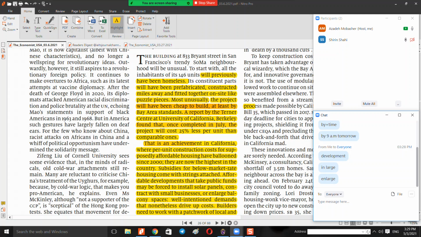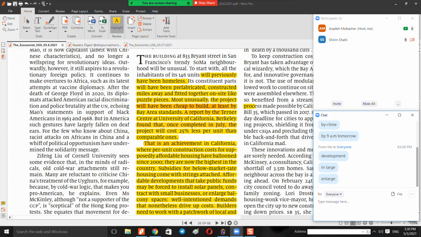If you enlarge something, or if it enlarges, it means it increases in size or scale. Very good. Next one is well-intentioned. Intention is a noun, and it means a plan or a desire to do something.